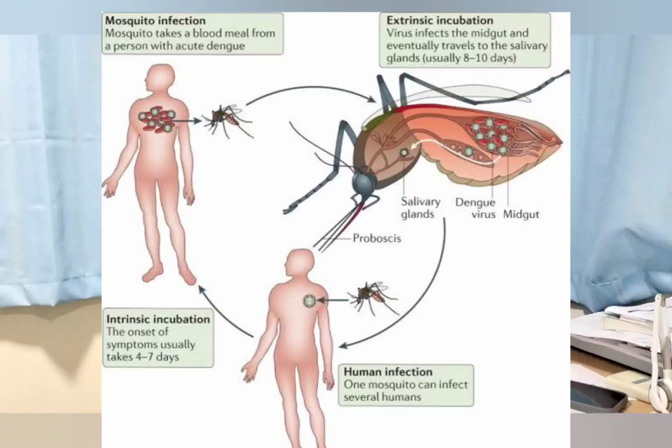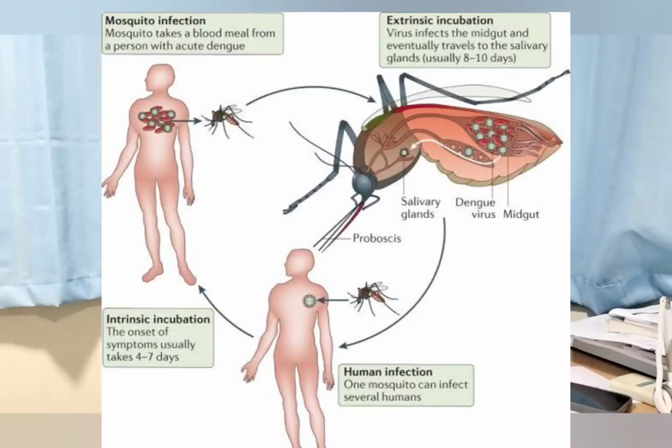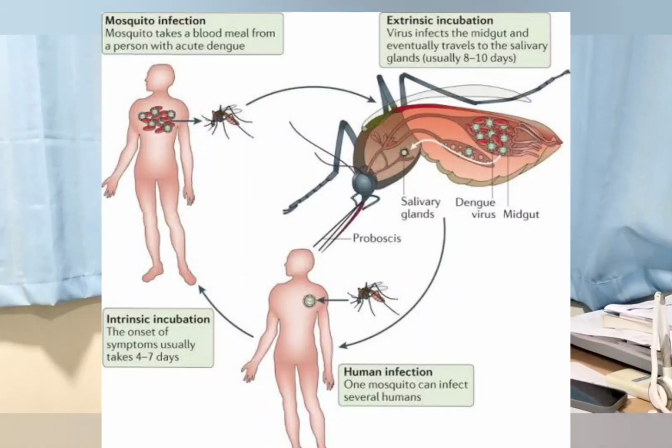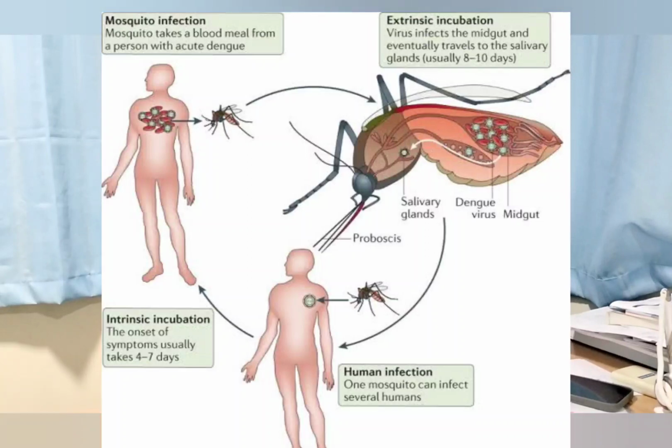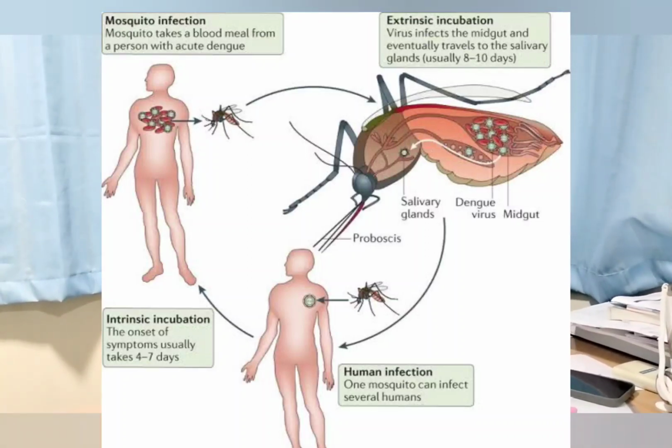Once the mosquito gets infected and bites a person, when it starts sucking blood, it secretes a secretion which seals the surrounding surfaces, and it transmits this virus through this into the human skin.